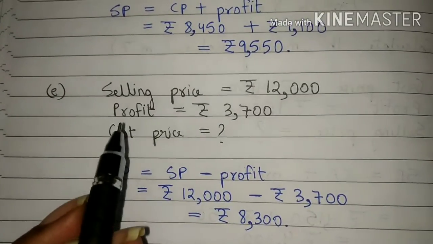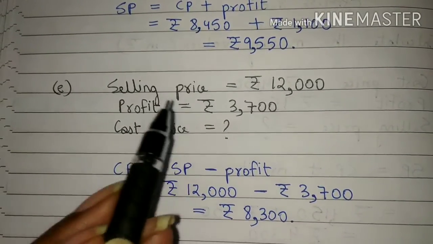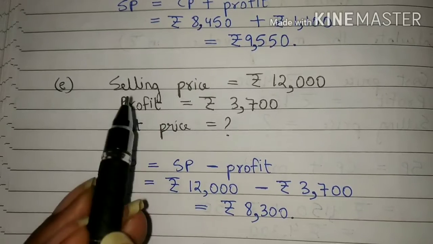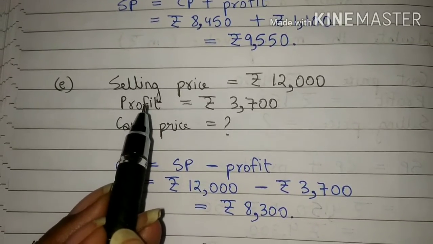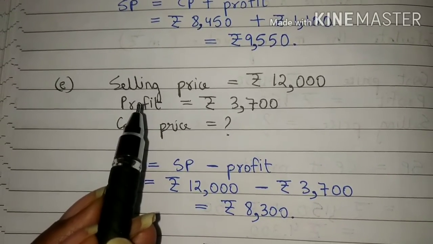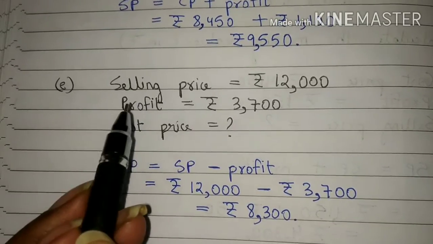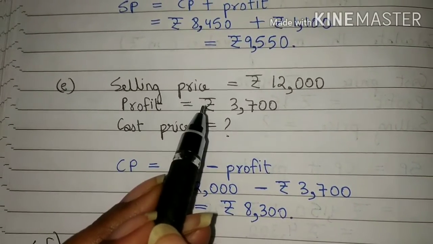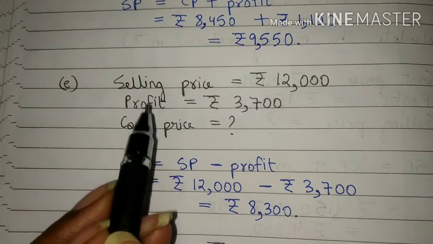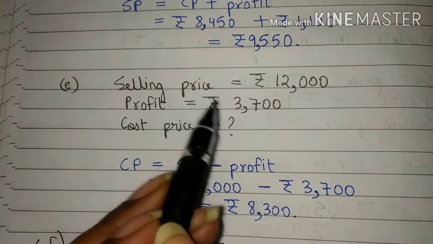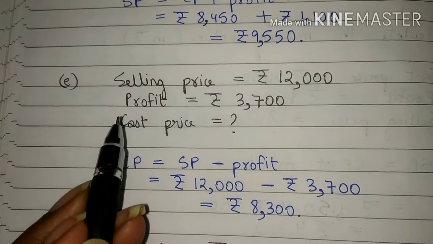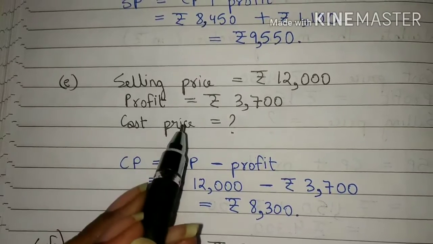Students, I have told you that if we are earning profit, it means we are not suffering loss. Students, here profit is given. It means we don't have to find out loss. We only have to calculate cost price.